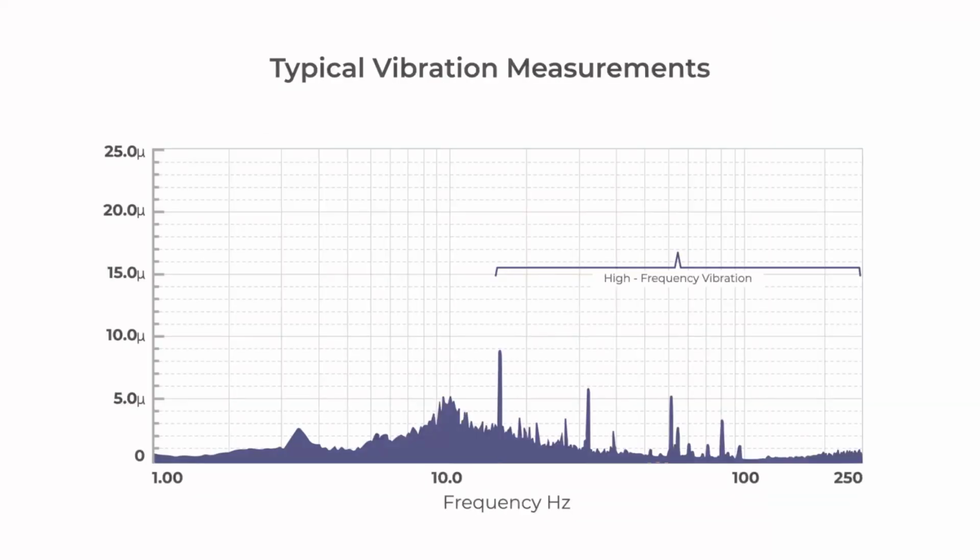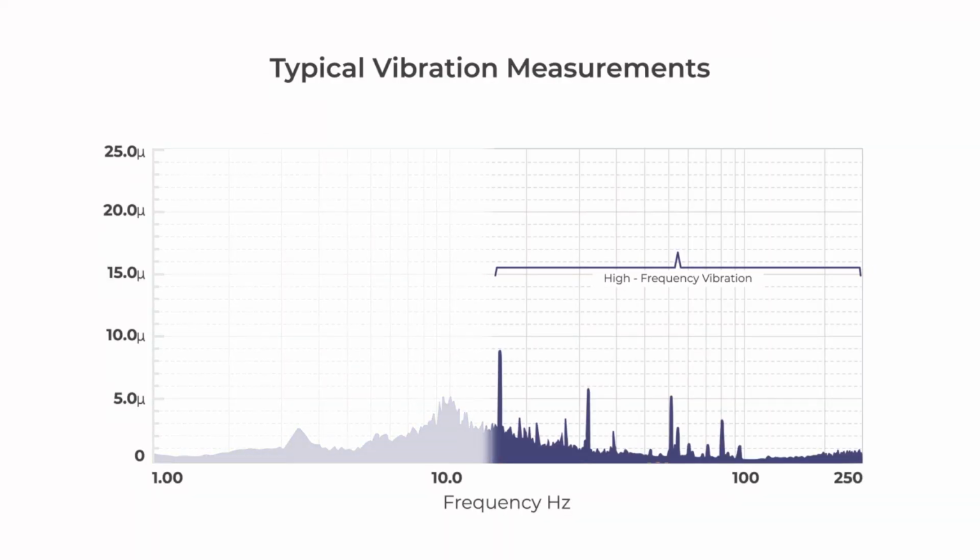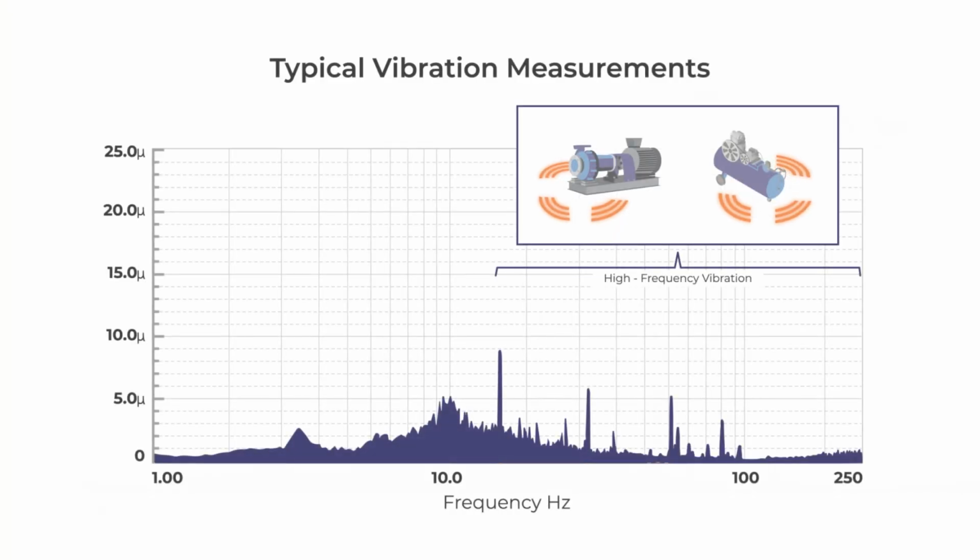So now that we've discussed low frequency vibration, we're going to talk about what we consider high frequency vibration. We consider basically anything above about 15 to 20 hertz to be high frequency vibration, and it almost always corresponds with a very specific vibration frequency that correlates with a piece of mechanical or vibrating equipment in the environment.